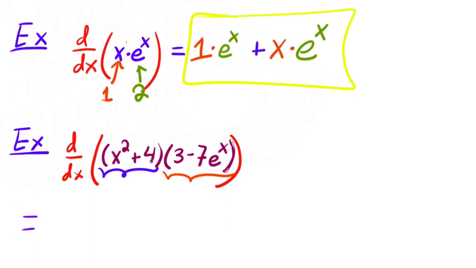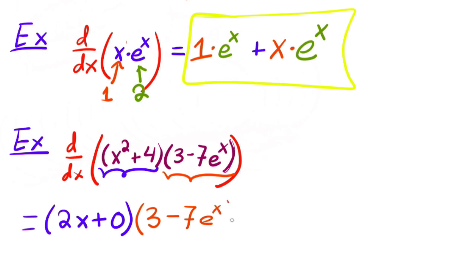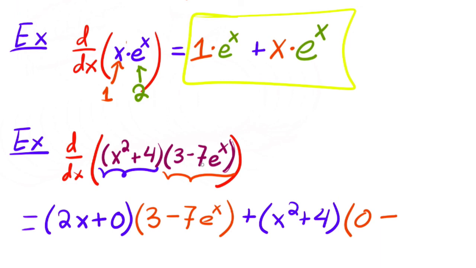So the derivative of the first, which I'm going to put in parentheses, the derivative of x squared is 2x plus the derivative of 4, which is 0, times the second, leaving it alone, 3 minus 7 e to the x, plus the first, leave it alone, x squared plus 4, times the derivative of the second. So the derivative of the second, 3 minus 7 e to the x, is going to be 0 minus, and the derivative of 7 e to the x is just 7 e to the x.